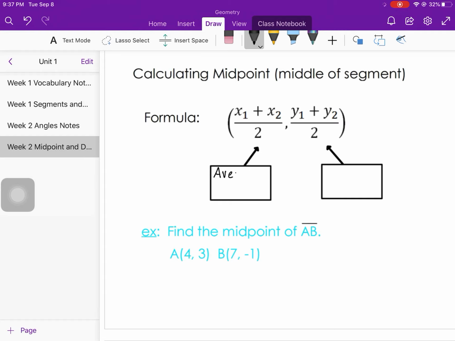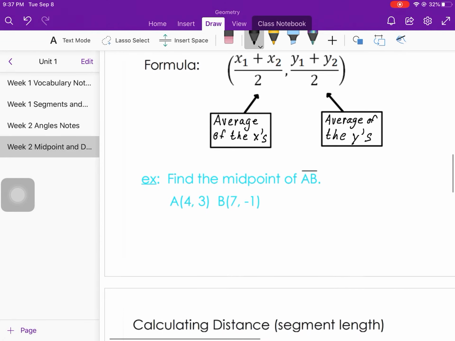This is the average of the x's, and this is the average of the y's. So this is how I like to think about midpoint. Basically, you're just taking two things, cutting them in half, and you're finding their middle point.